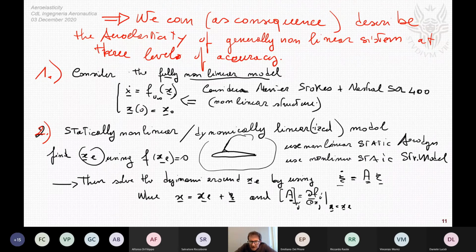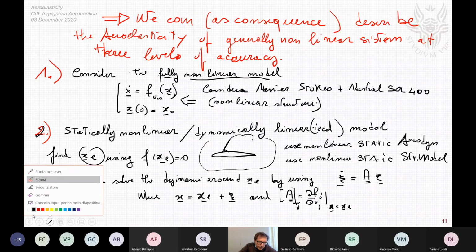This is an intermediate model with respect to the fully linear model. In the fully linear model, the stability of the equilibrium solution is identically equal to the stability of any equilibrium solution, remember?